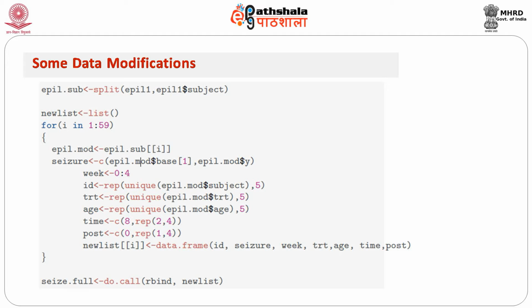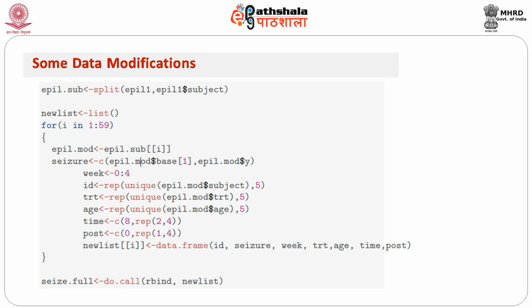Now, what this creates is a list with each element of the list itself being a data frame. For example, the first element of the list would be the first 4 entries of the data. The second element of the list would be the 5th to 8th element of the data, meaning that each element of the list is nothing but a data frame for the specified subject.